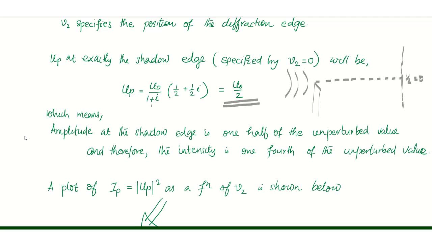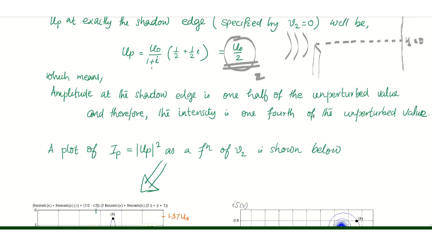By placing an edge there you have reduced the amplitude only by half; ideally it should have been 0. This means the amplitude at the shadow edge is one half of the unperturbed value, and therefore the intensity, which is UP squared, is 1/4 of the unperturbed.